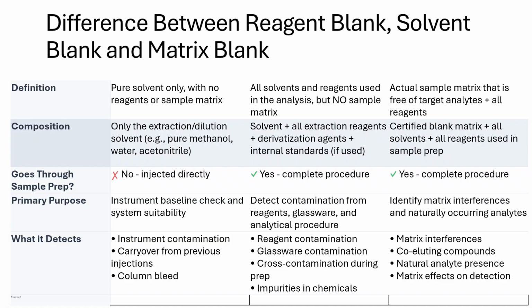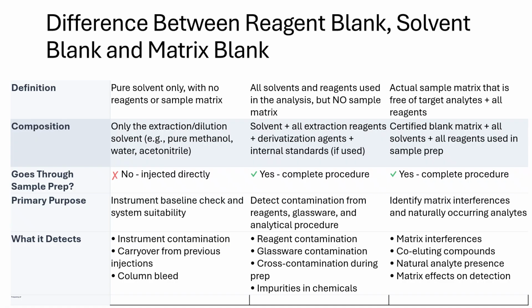The purpose of a solvent blank is that it checks the instrument baseline and system suitability. And it is necessary to run a solvent blank because it identifies if there is any instrument contamination, any carryover from a previous injection, or any column bleed.